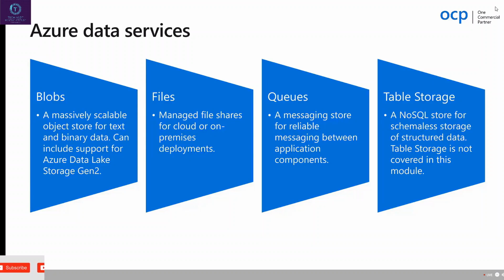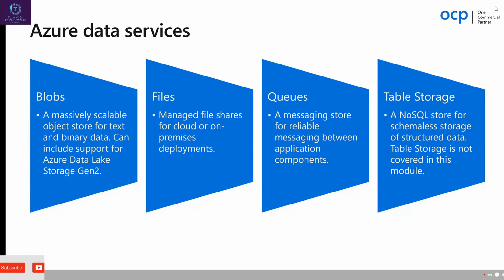With files, even if I can also use a REST interface, I also have an SMB endpoint. That means I can go to a Windows or a Linux machine and create a mapped drive, and then I can have the drive Z corresponding to a file share on an Azure storage account. So we have that possibility.